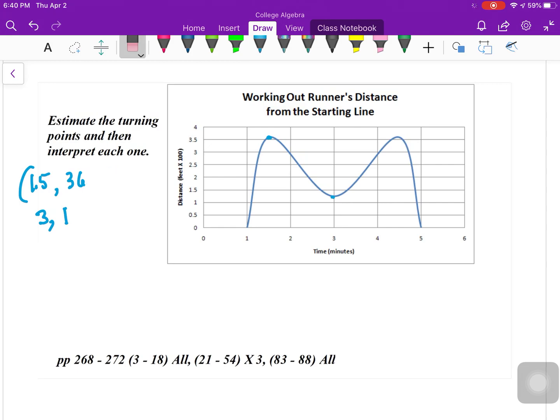Excuse me, this one would have been 360. 3.6 times 100 is 360. So this one was 120. And then this one looks like it is 4.5, 360.